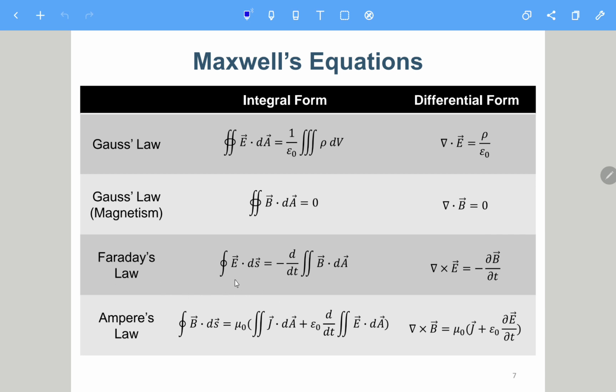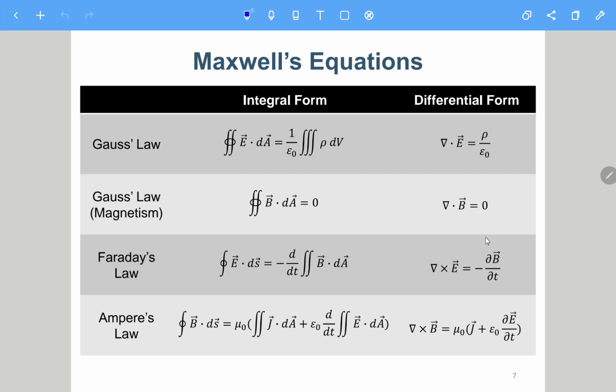And then for Faraday's law, we have this line integral, this line integral. So these two line integrals become the curl of the E field and B field. And on the right side, we have this surface integral. Take the partial derivative. It is like cancelling these two integrations, so it remains partial B, partial t.